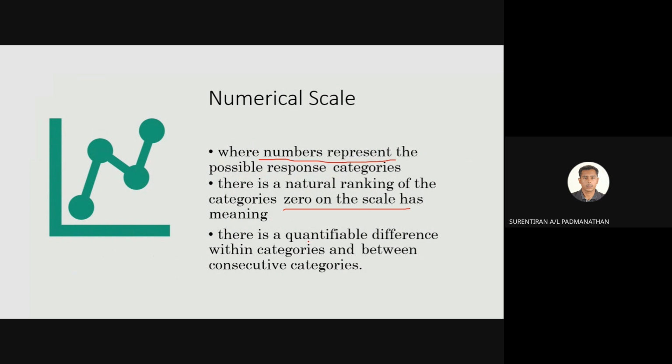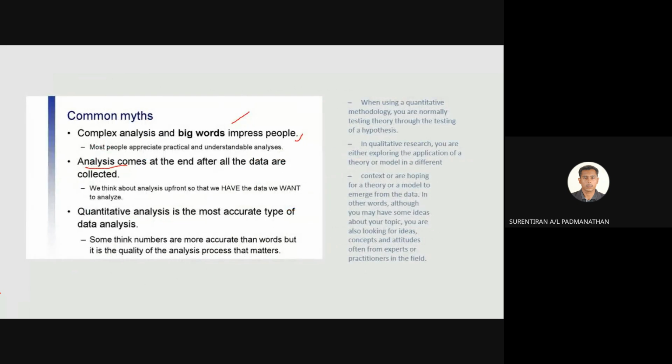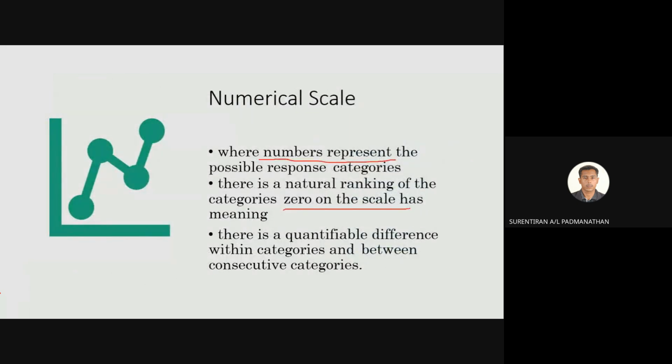There is a quantifiable difference within categories and between consecutive categories. So we can identify and summarize the values of this. Okay, so that is called the numerical scale.